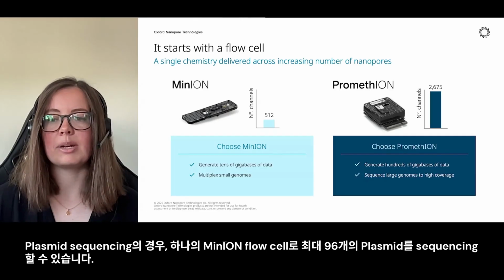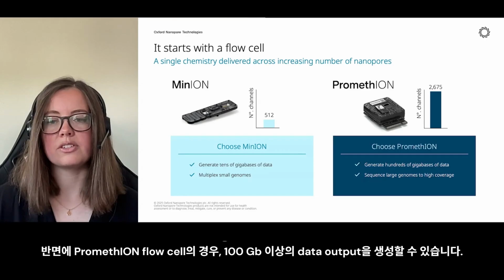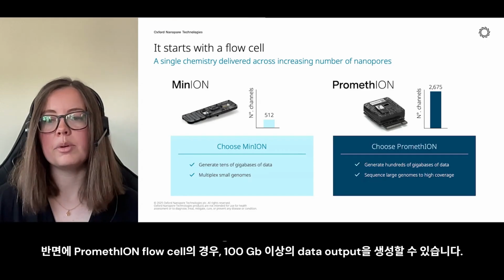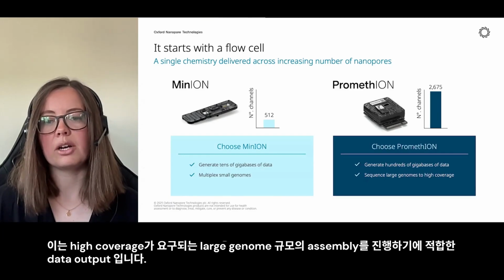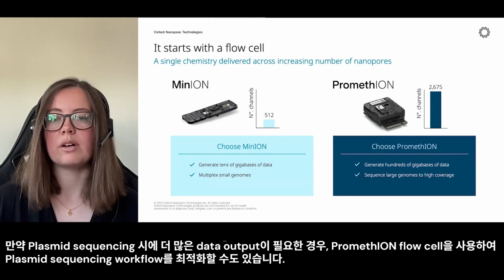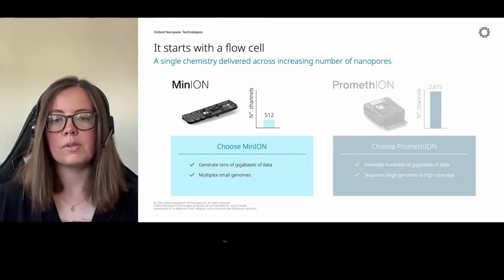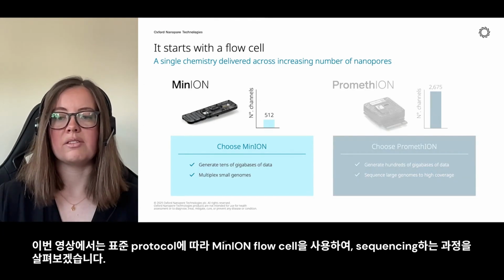Up to 96 plasmids can be sequenced using one of these flow cells. In contrast, PromethION flow cells are capable of generating 100 plus gigabases, enough data for high-coverage large genome assemblies. For higher throughput needs, you can choose to optimize your plasmid sequencing workflow for use with higher output PromethION flow cells. Here we'll proceed with our standard protocol and look at the sequencing on a MinION flow cell.